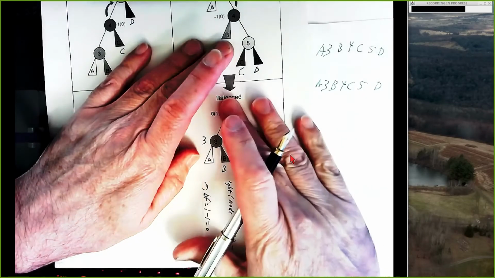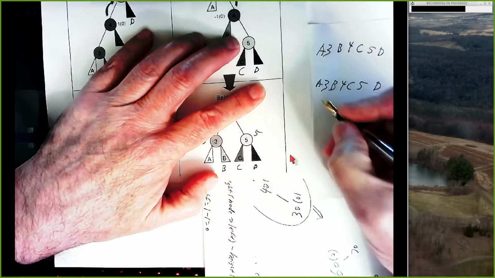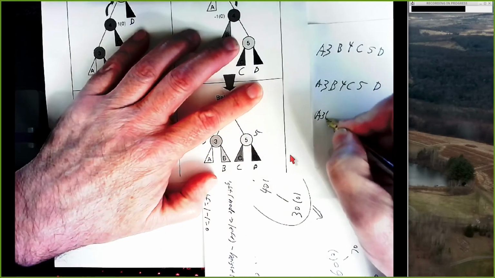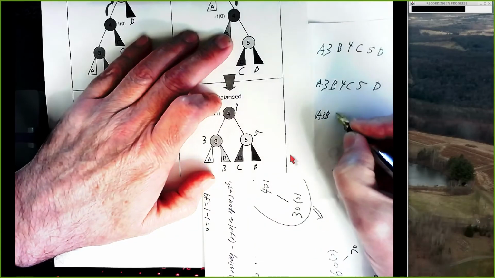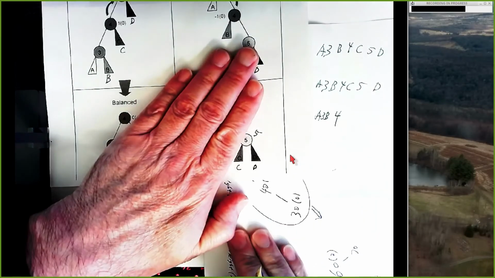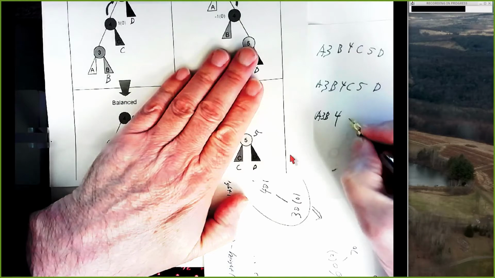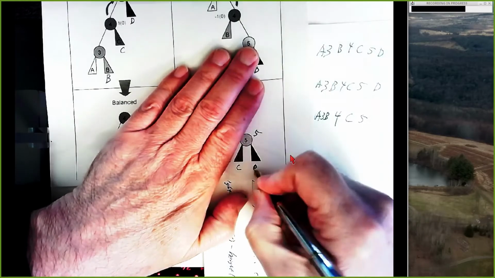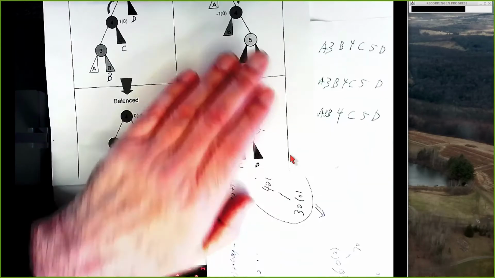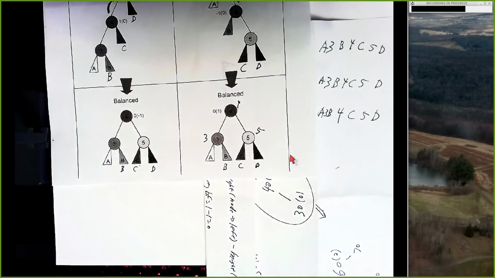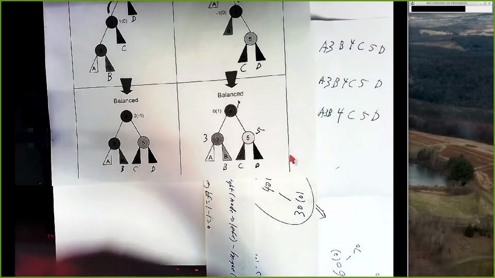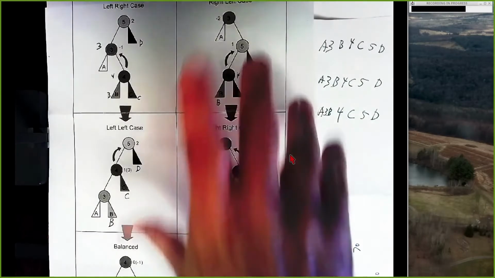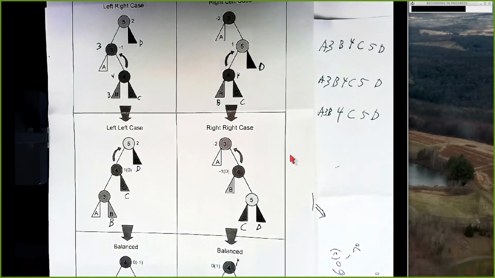So we traverse the left subtree, which will be A, 3, B, and then we visit the root node 4, and then we traverse the right subtree, which will be C, 5, and finally D. And it's the exact same traversal order. So that's a sanity check that doing these rotations does not affect the ordering of the nodes. As long as you're starting with a BST, you end up with a BST after you balance.